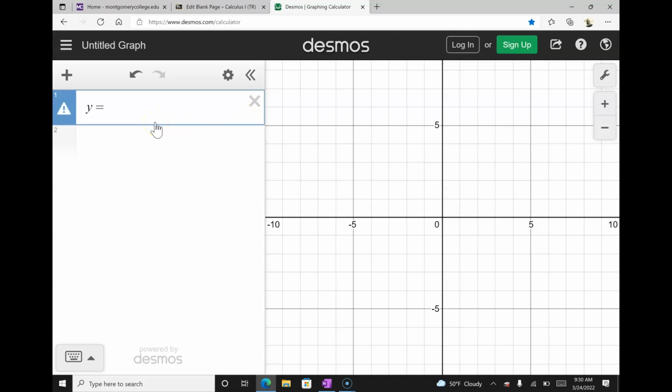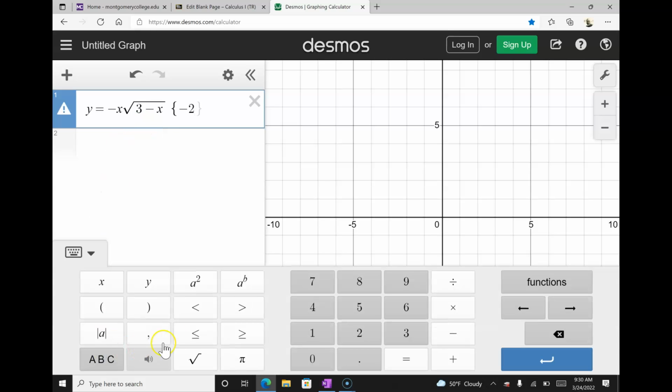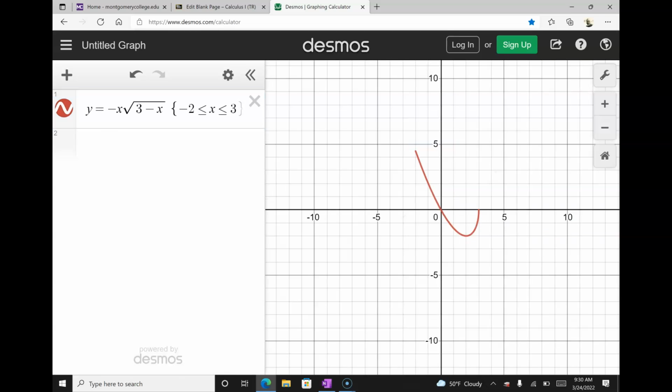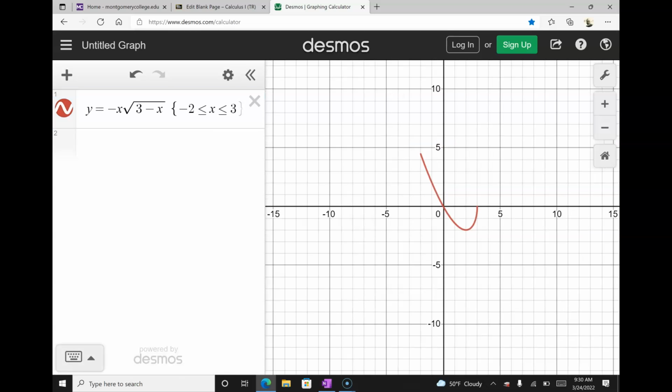So y equals negative x times the square root of 3 minus x, and we want to restrict our domain from negative 2 to positive 3. Nice. So we can already see the answers.